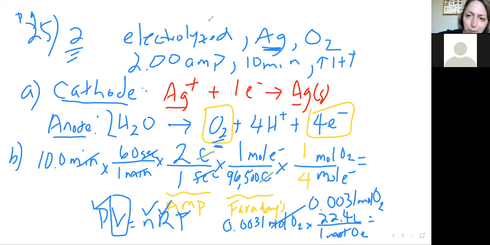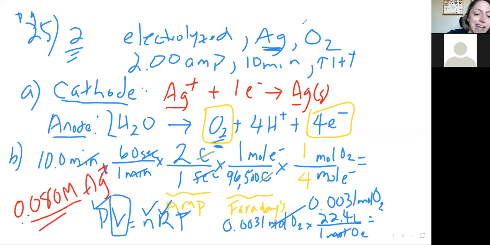Now we're talking about the mass of silver. You could have started with the original problem, which said you had a 0.08 molar solution. But I'm going to tell you that's the wrong thing to do, because that's an excess. You have way more of that than you need.